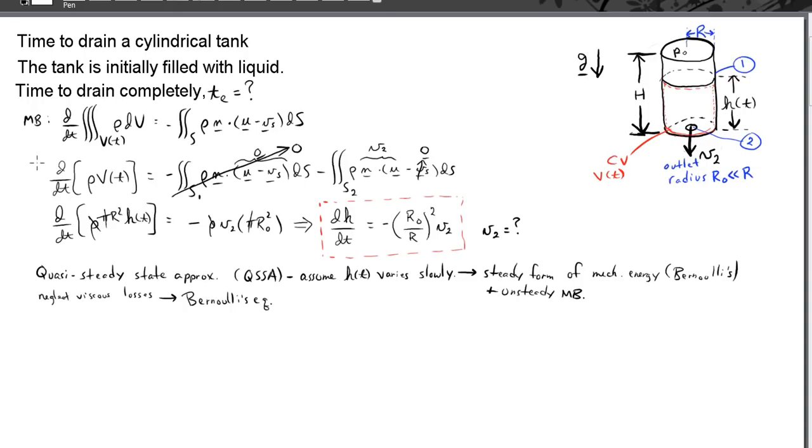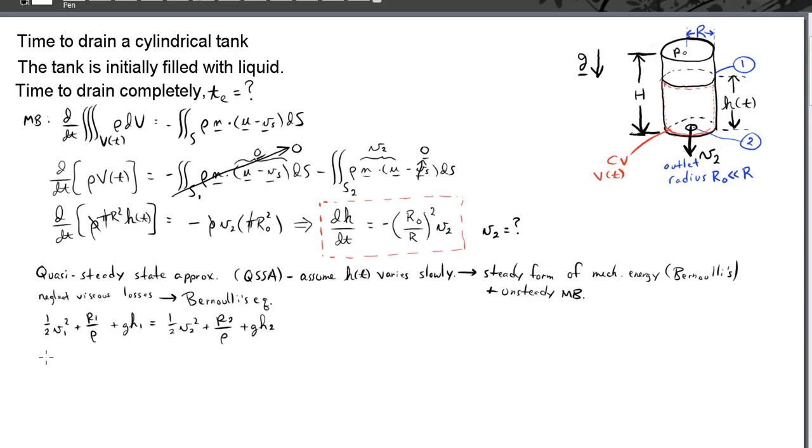Doesn't really matter. Either choice gives us the same result here for Bernoulli's equation. It's just a question of how you quantify the error. So Bernoulli gives us 1/2 v1 squared plus p1 over rho plus g h1 is equal to 1/2 v2 squared plus p2 over rho plus g times h2. So v1 squared, that's the velocity of the top surface of the liquid.